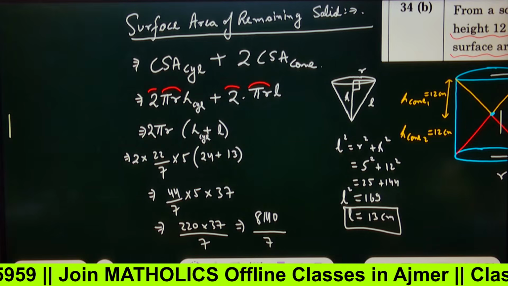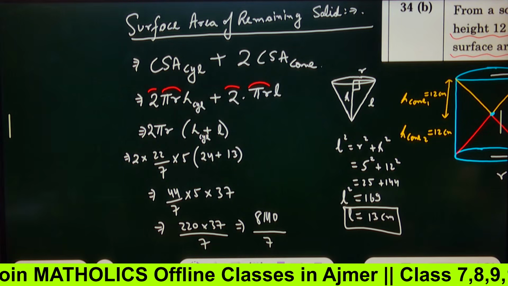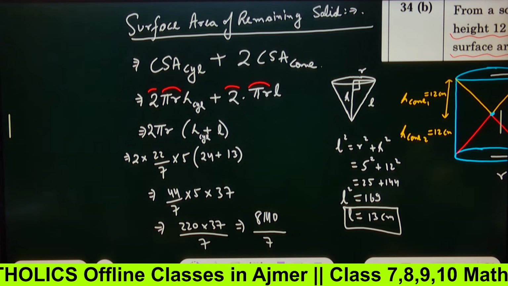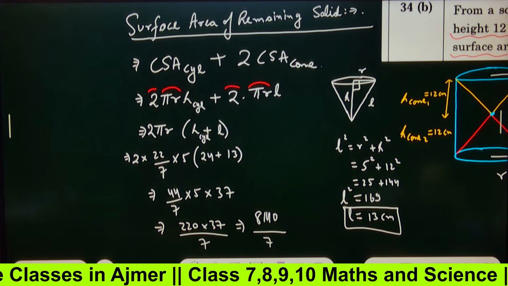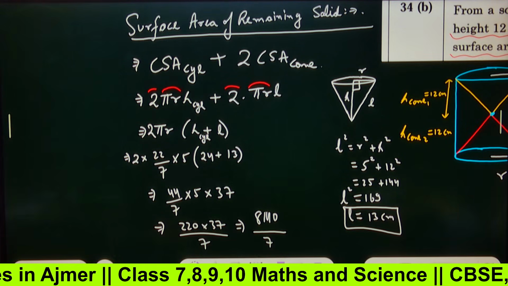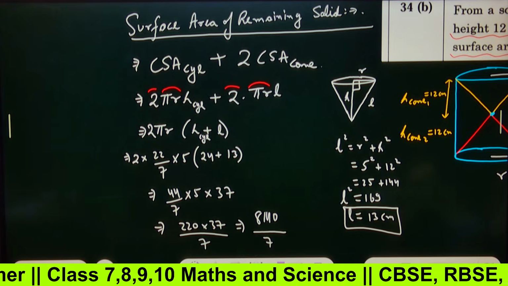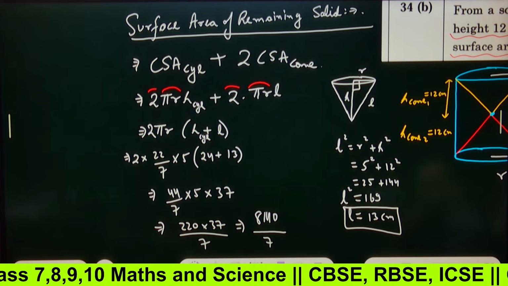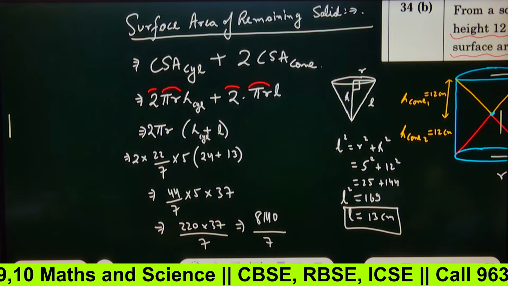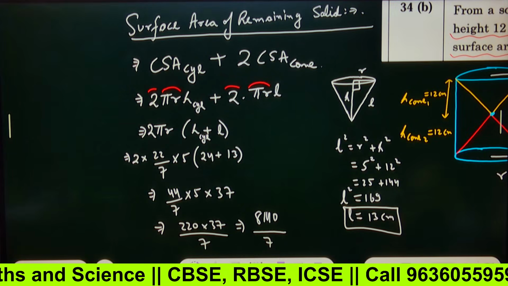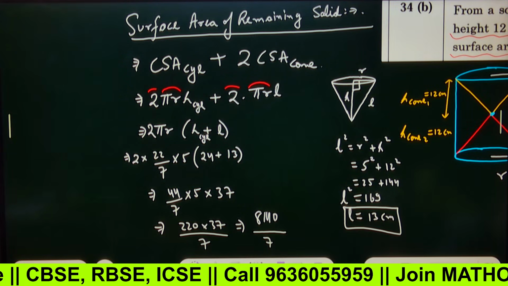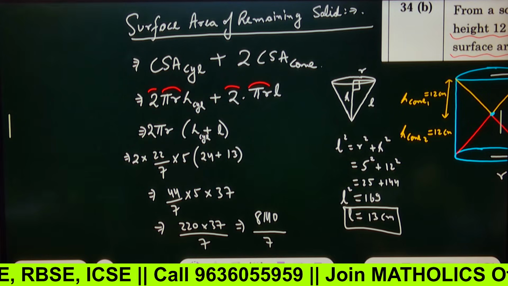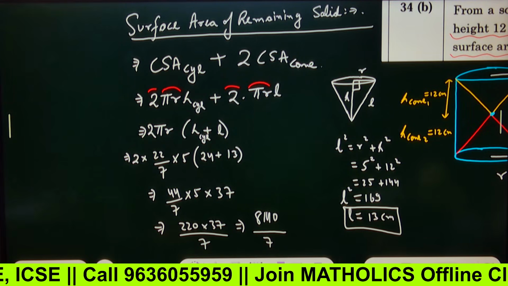44 into 5, it's 220. One one six two point 85.